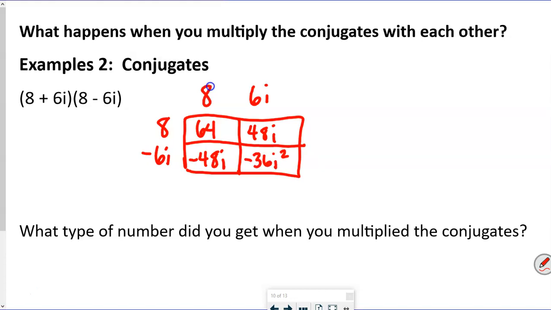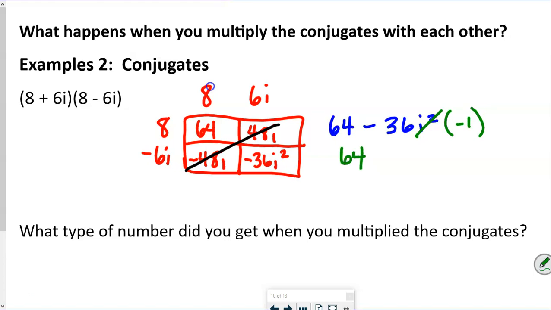So hopefully you guys see pretty quickly that when the sign changes between two binomials that are essentially the same and only have a difference of sign, the middle terms cancel each other out. Okay, so now we're going to combine what's left, 64 minus 36i squared. And as it was with the last lesson, we're going to change this to a negative 1, right? So this is going to be 64.